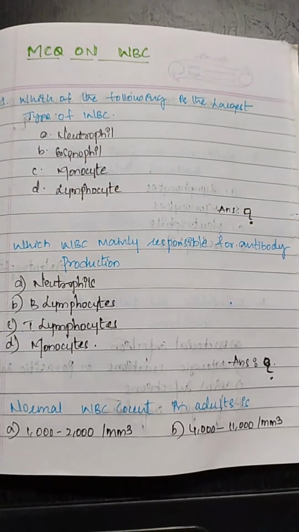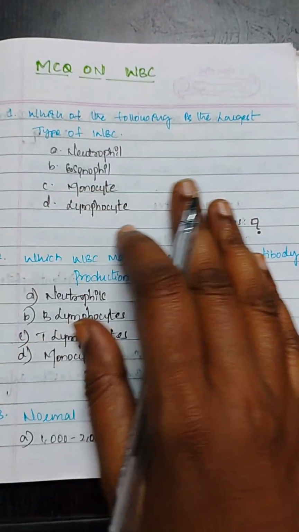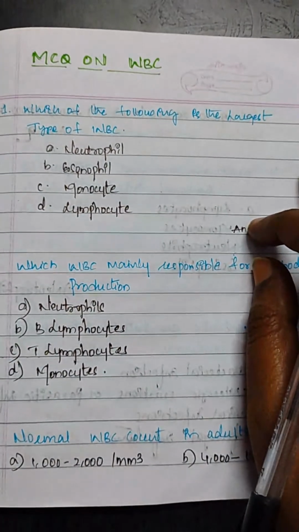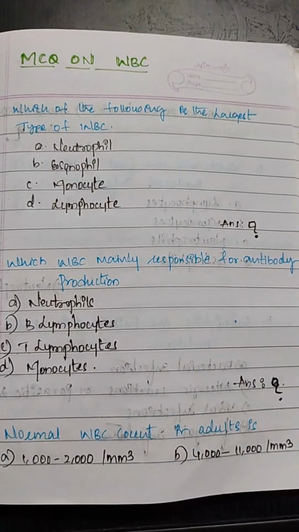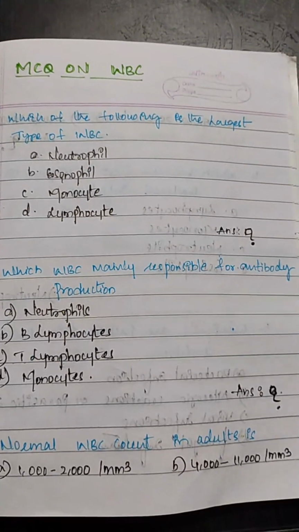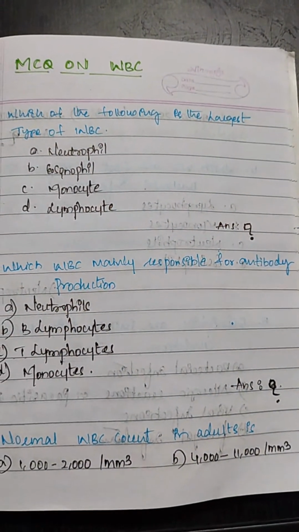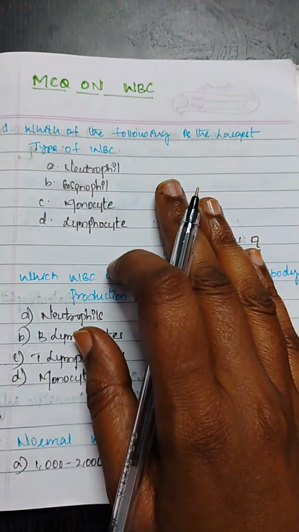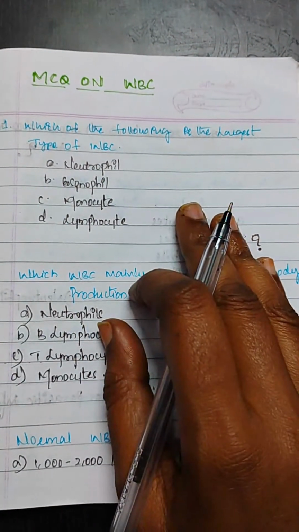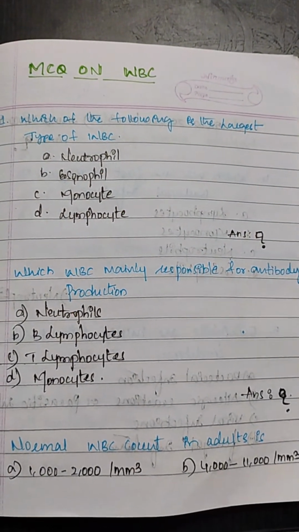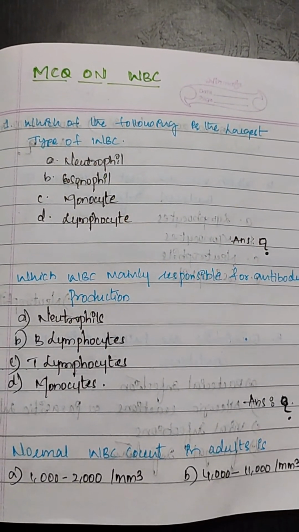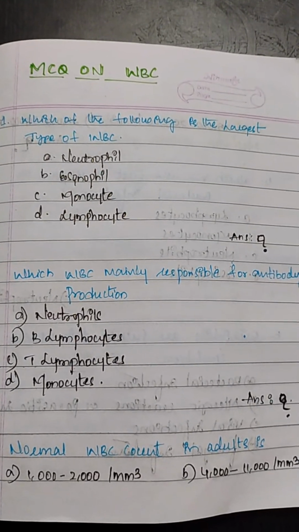So here you see the first question. Which of the following is the largest type of WBC? Option A neutrophil, B eosinophil, C monocyte, D lymphocyte.